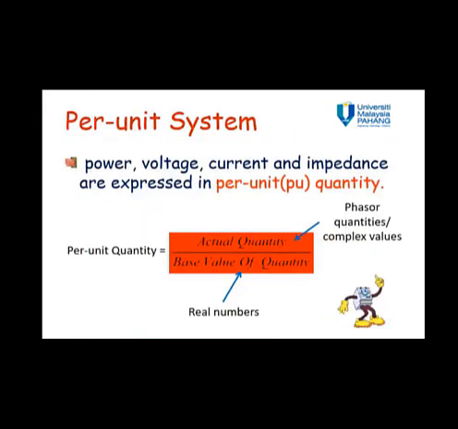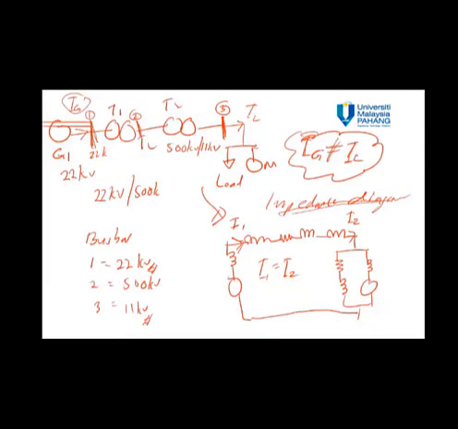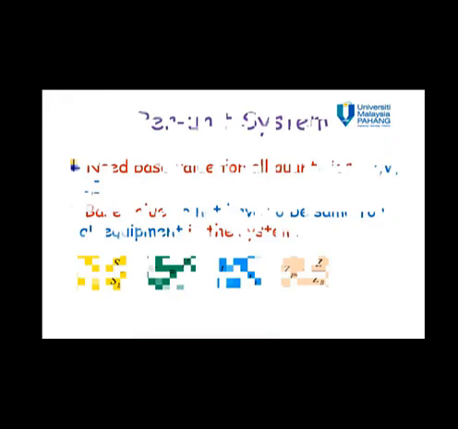We convert all the actual values into per unit values, so that we can simplify our analysis and use the same technique as analyzing an electronic circuit for the power system circuit.